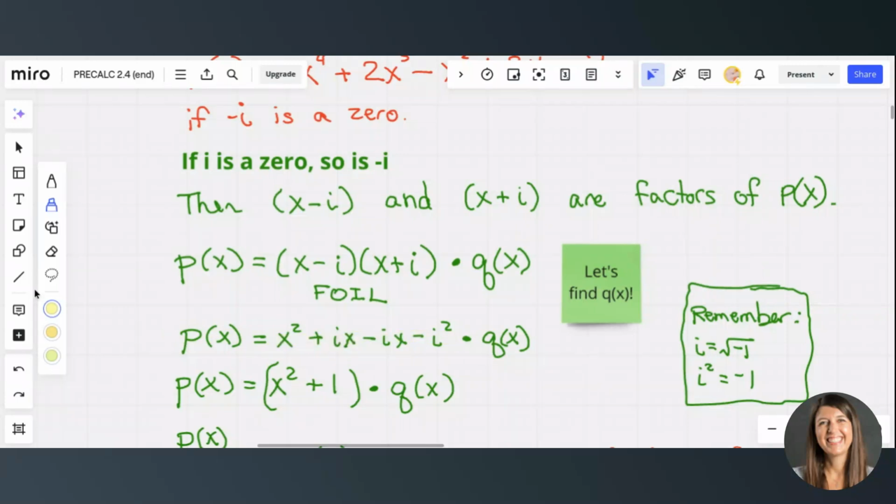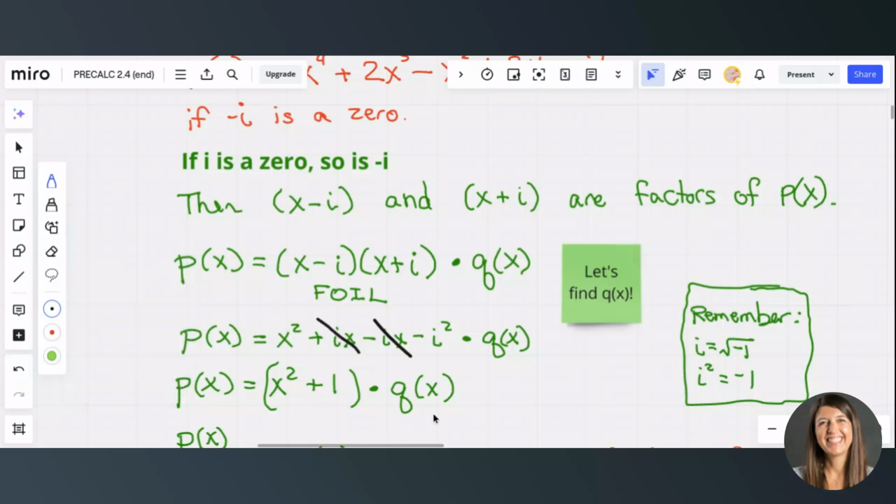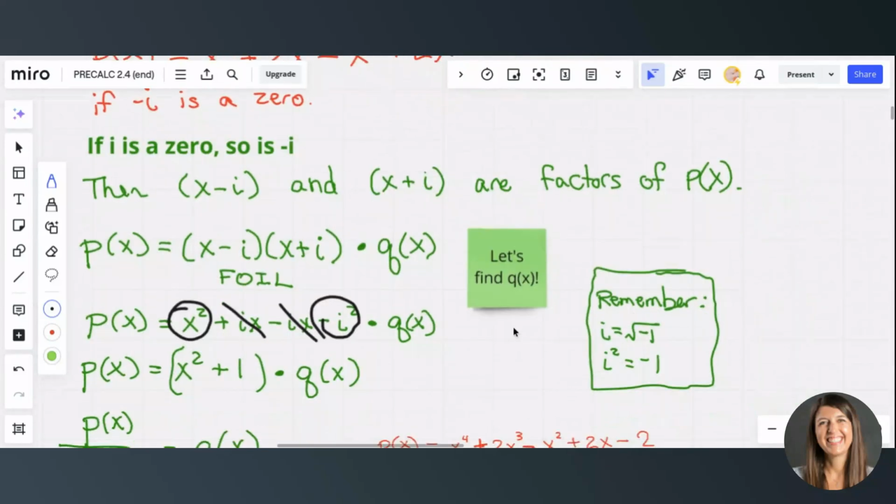But look what happens. I can cross out ix minus ix, right? Maybe I should make that thinner so you can see behind it. So I can cross out this and this. They can get crossed out. So what I'm left with is this x squared term minus I squared. What does I squared equal? Well, remember, by definition, I is the square root of -1.